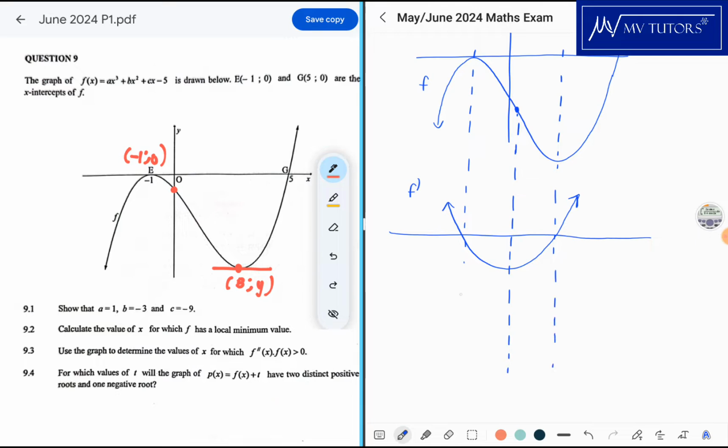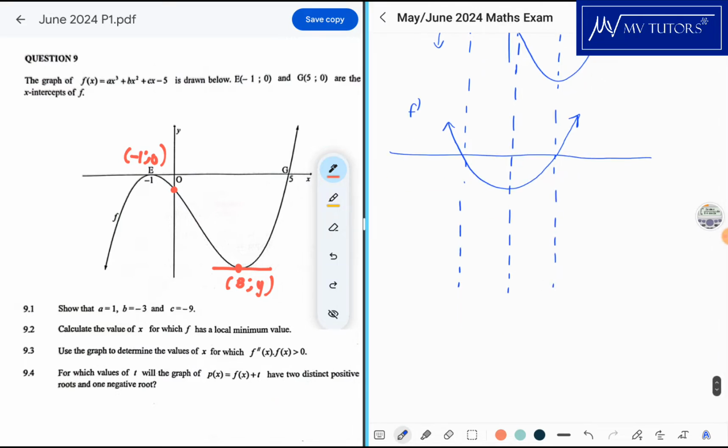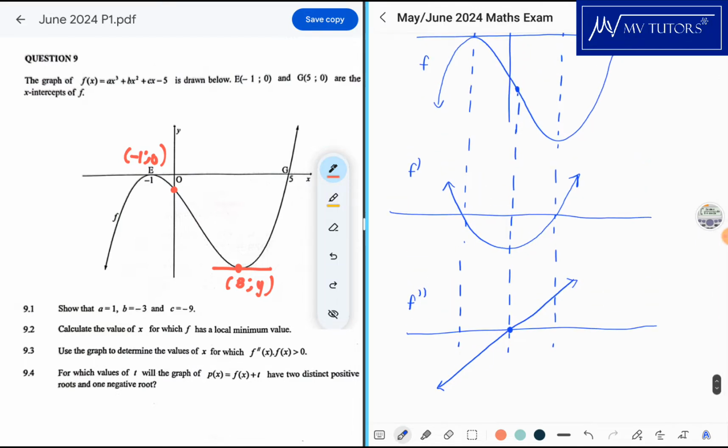And if I continue to take these down, my second derivative, I'm going to get a graph like that. Okay, so that is my second derivative graph. Now if that point there is -1 and that point there is 5, the turning point, so I'm going to get -1, 0, 1.